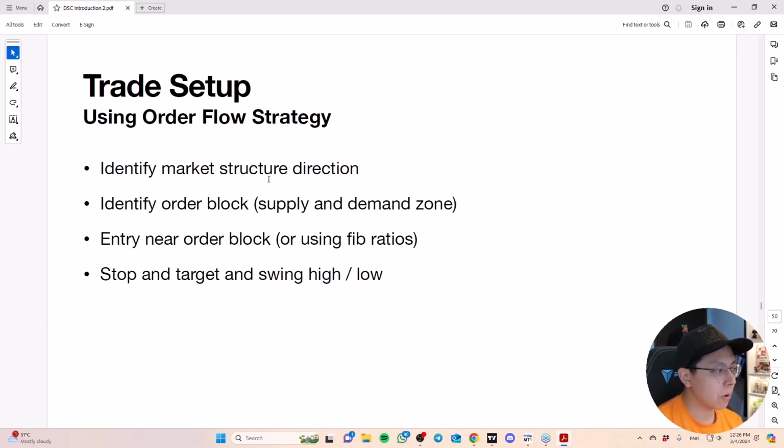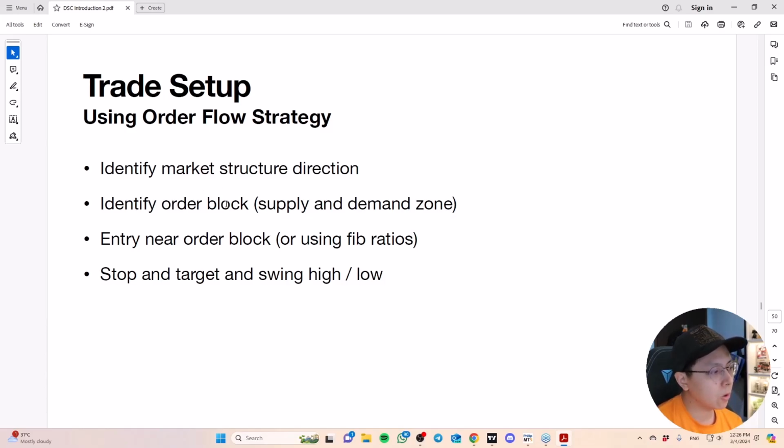We identify market structure direction. On top of the directional bias, we also play around with multi-time frame. So when we are looking at the setup, we want to have that alignment, so it carries a little bit of context built into it as well. We want to identify that the market structure direction is the same as the directional bias.